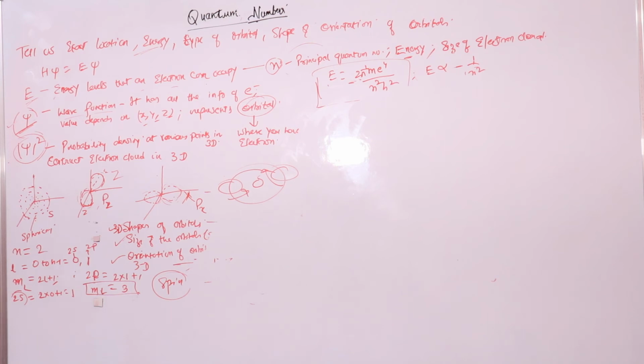Like we studied earlier, if an orbital has 2 electrons, both have magnetic moments, and the magnetic moment of one is cancelled by the other. So the net magnetic moment is 0, which means these are diamagnetic substances, and would be repelled by the magnetic field. So next is electron spin.